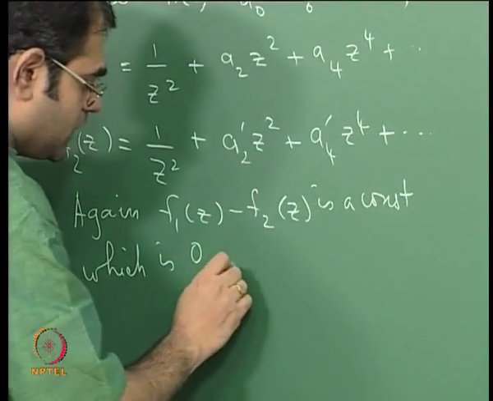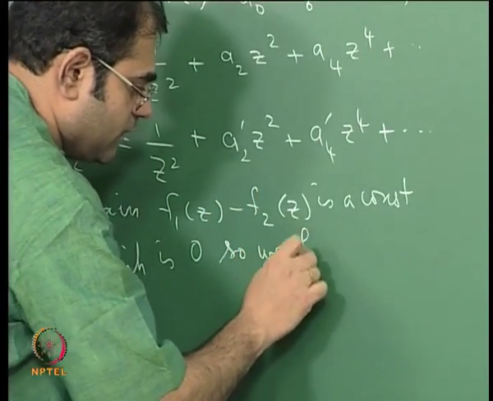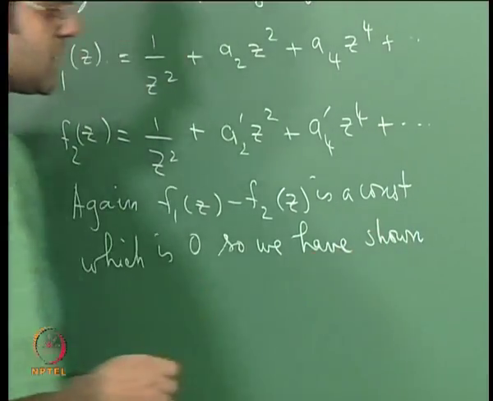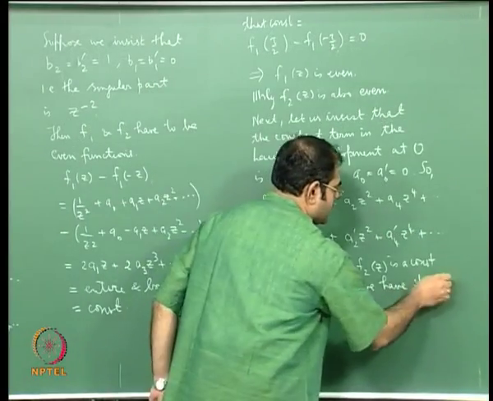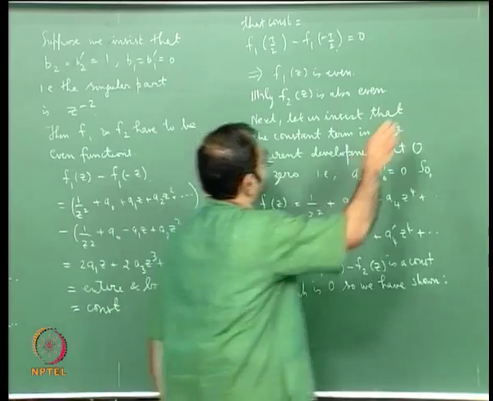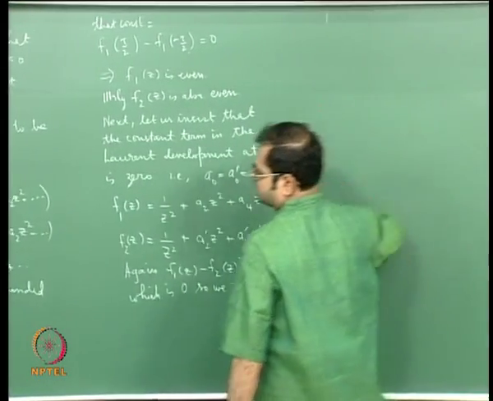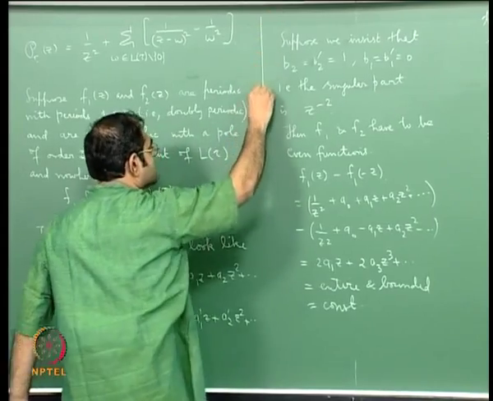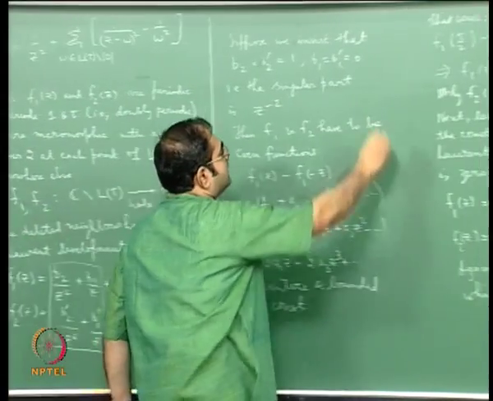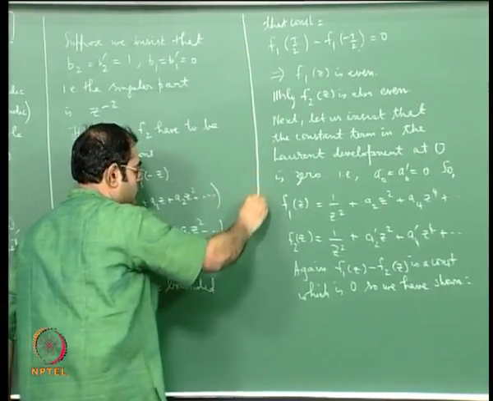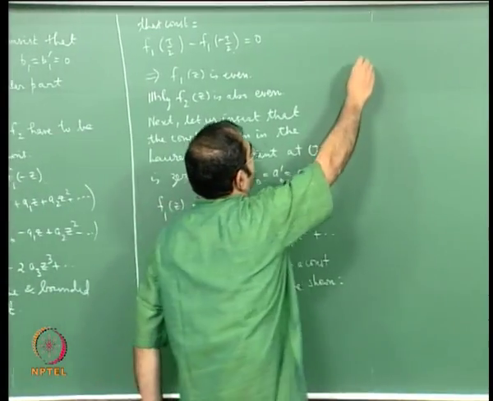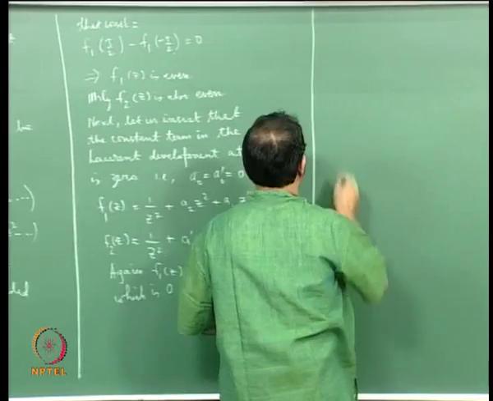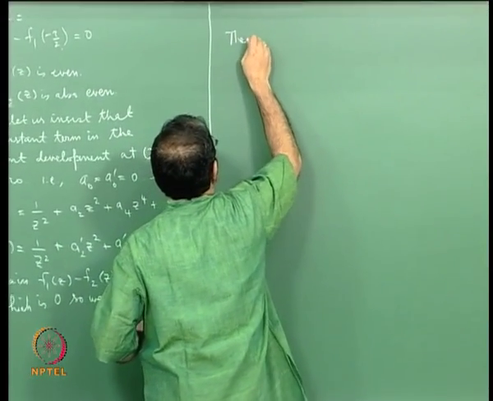so we have shown, so what we have shown is the following, so I can write it here, so maybe I will draw some lines here. So what we have shown is the following theorem.